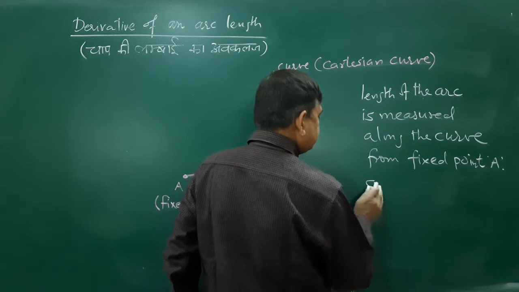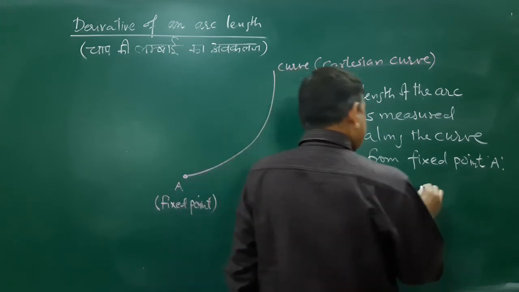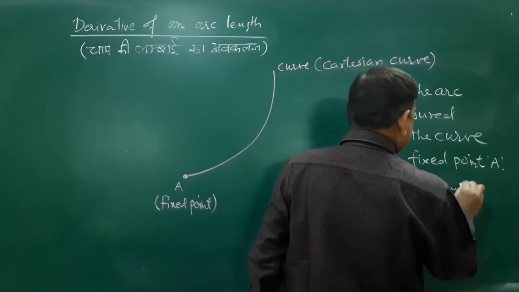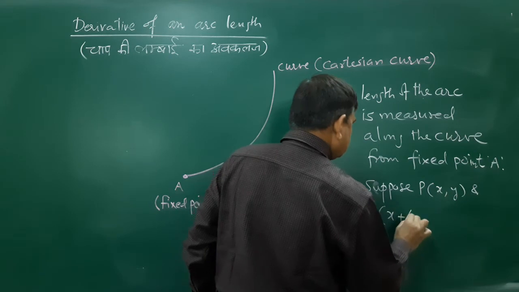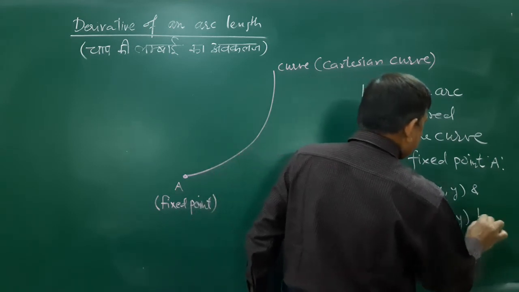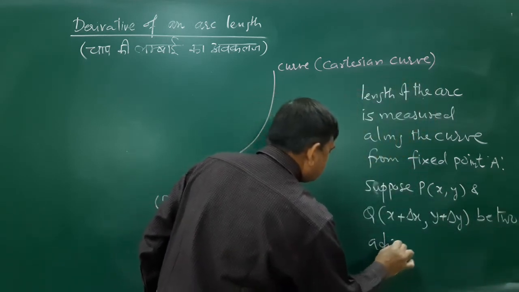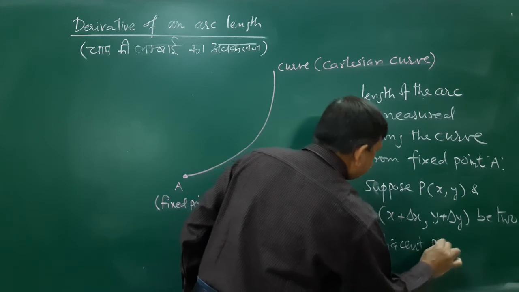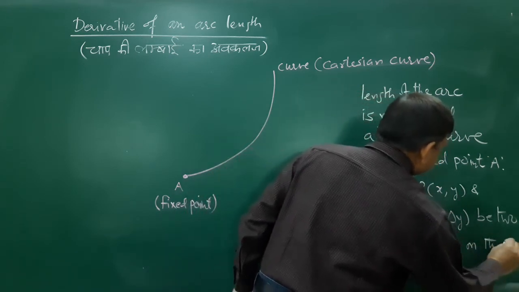Suppose P and Q be two adjacent points on the curve.